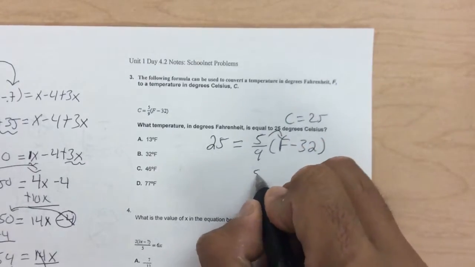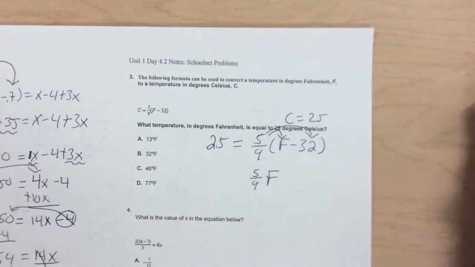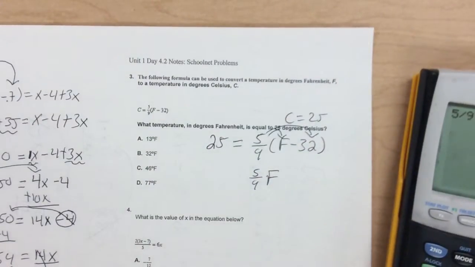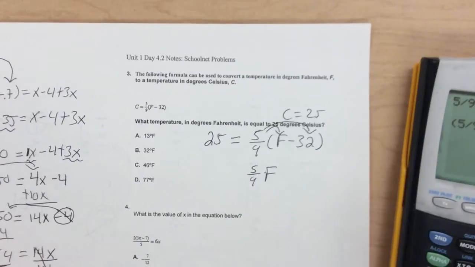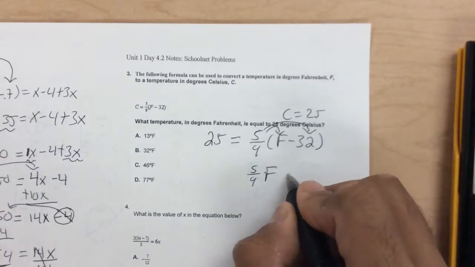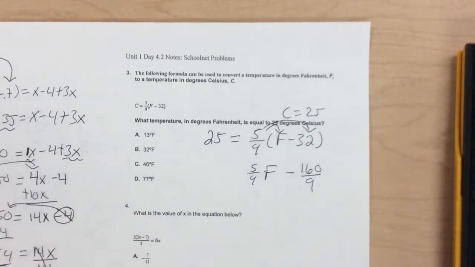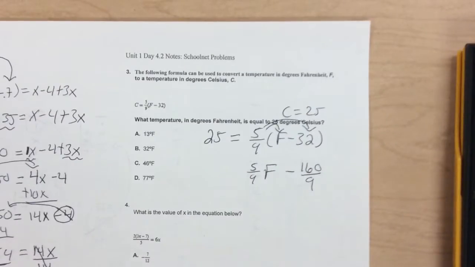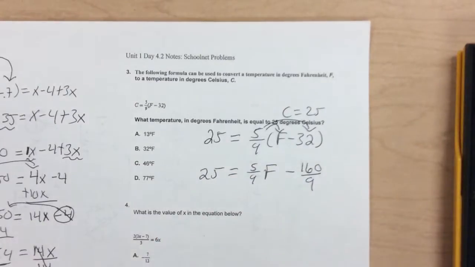Times F gives me 5/9 F, and then let's do 5/9 times negative 32. Well, if you do 5/9 times negative 32, you will get some weird decimals. So go ahead and make sure you convert it into a fraction if you're using your calculator, and you get negative 160 over 9, okay, after you convert it into a fraction, equals 25.